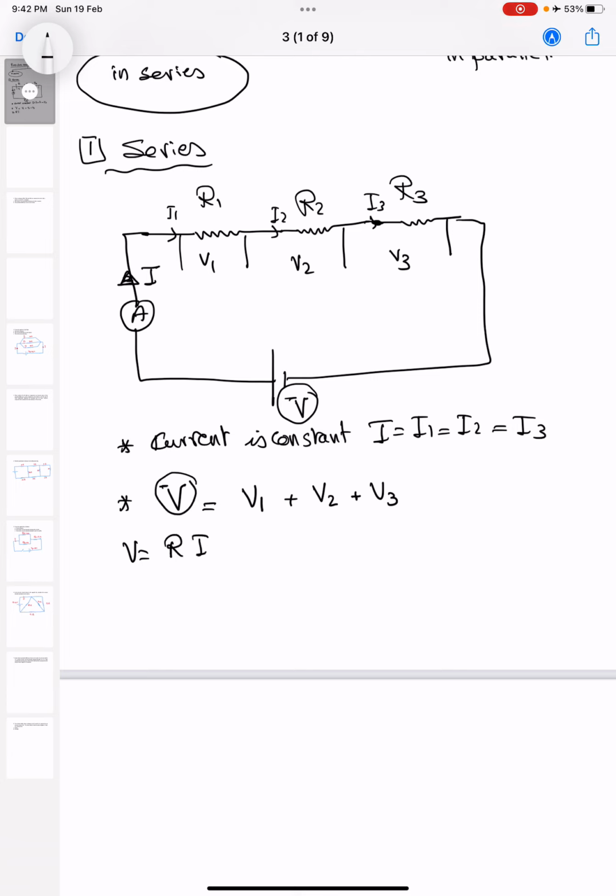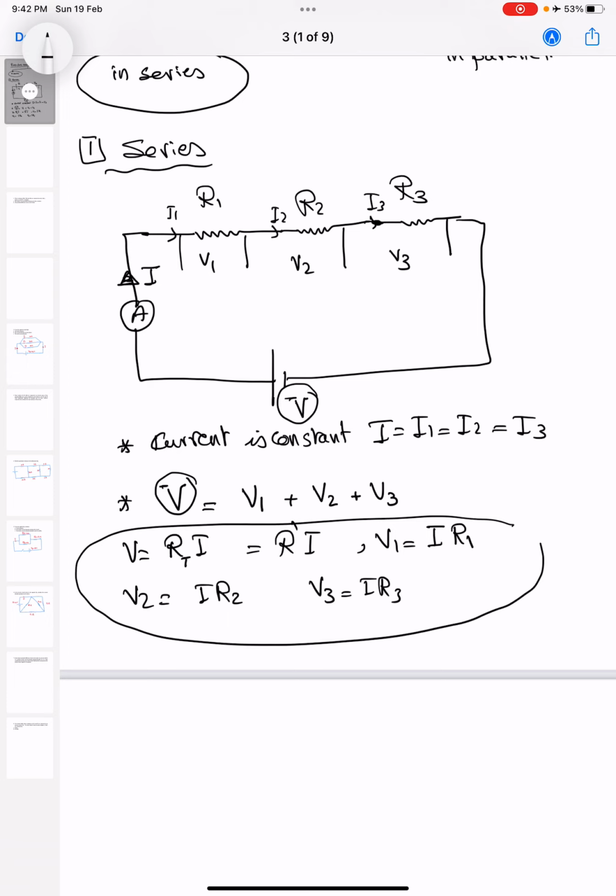This is the total potential. This is the R total. Or sometimes we can write it R dash I. V1 equals I R1, V2 equals I R2, V3 equals I R3.